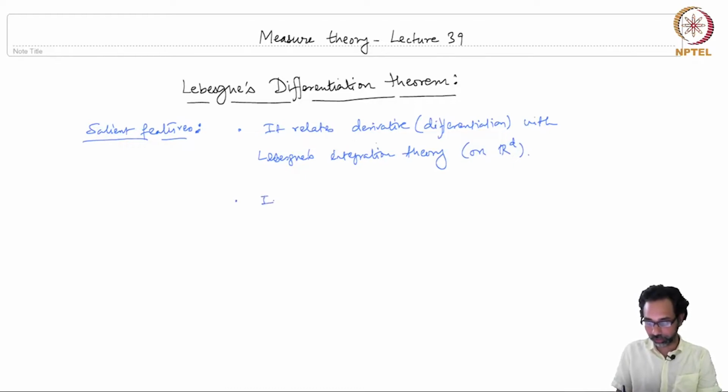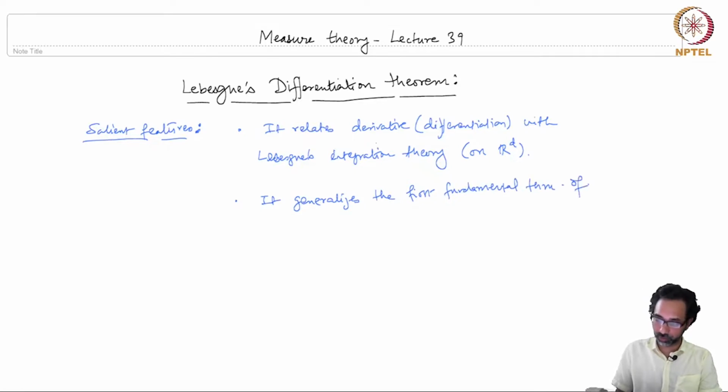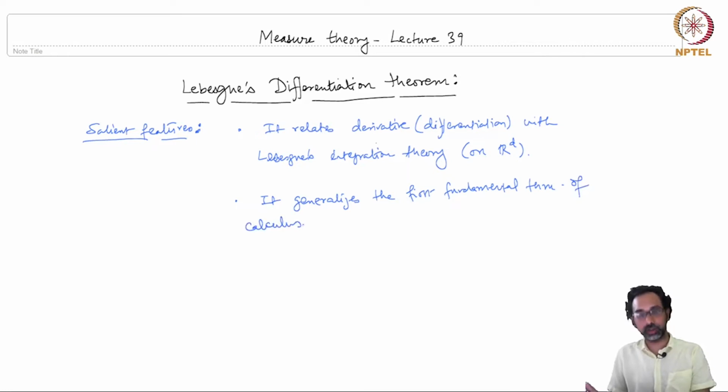And secondly, it generalizes the first fundamental theorem of calculus. So we have learned this in Riemann's integration theory, that the derivative of an integral is again the original function.